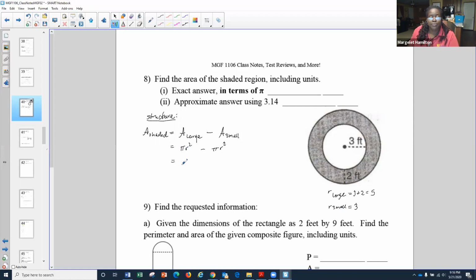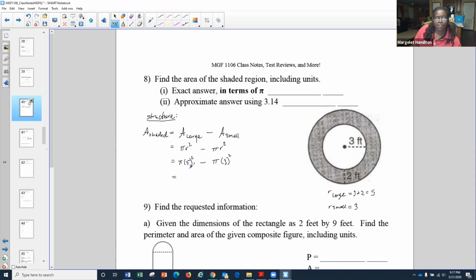Here's the plug-in. For my large circle, I need 5. So we have pi times 5 raised to the second minus pi, and then we need the 3 raised to the second. Okay, now we're ready to do our magic. Looking for that exact answer in terms of pi.